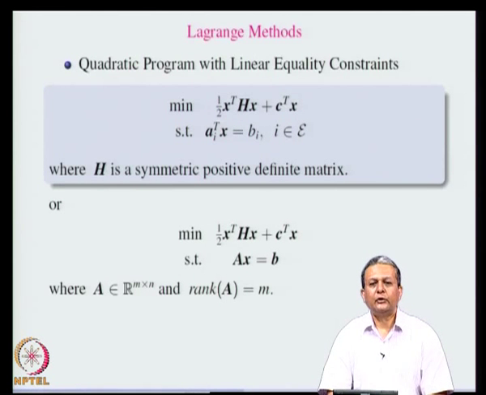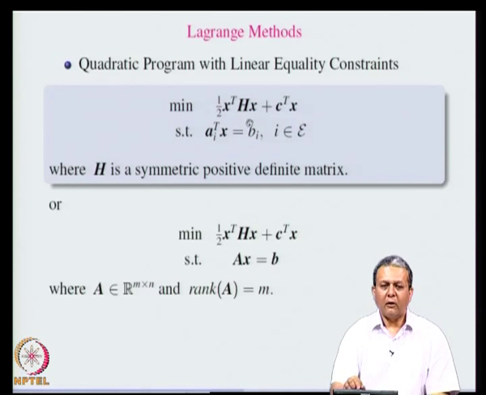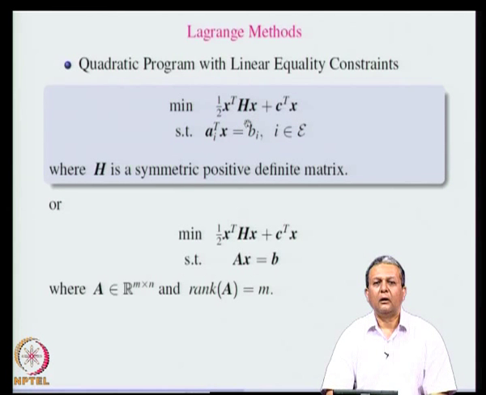Now, how do we use the Lagrangian based ideas to solve this problem? When we discussed KKT conditions, we saw that for a convex program where Slater's conditions are satisfied, the first order KKT conditions are necessary and sufficient.